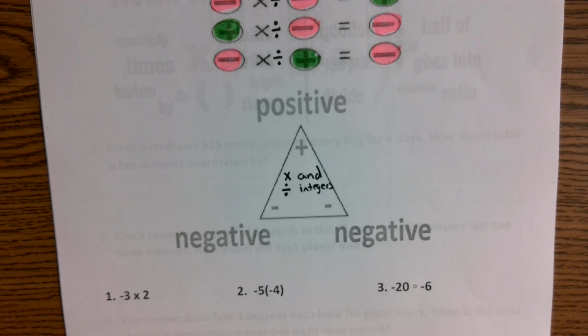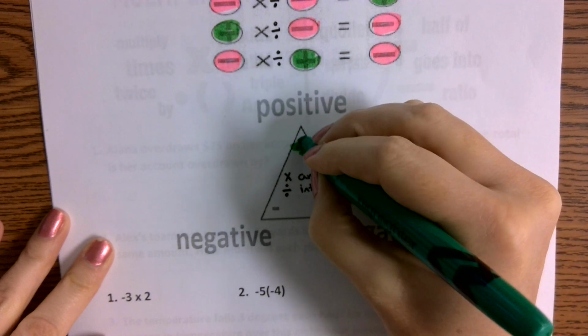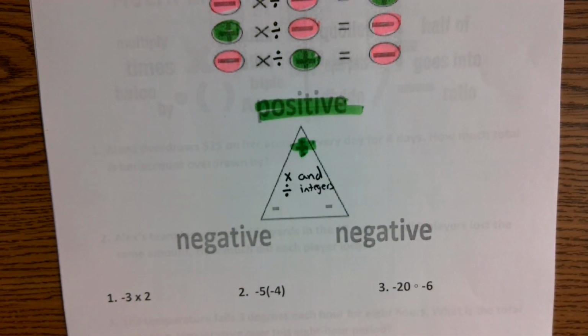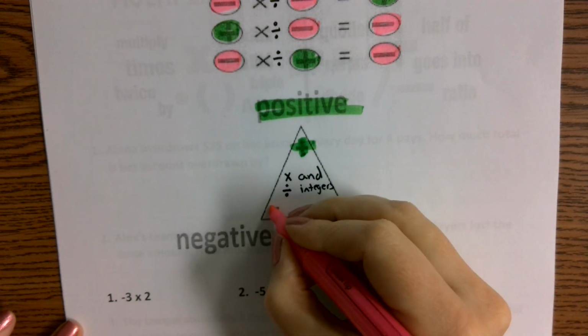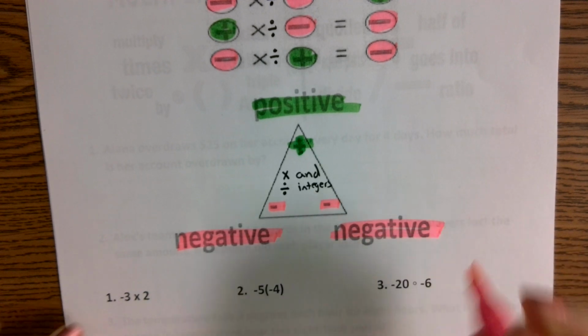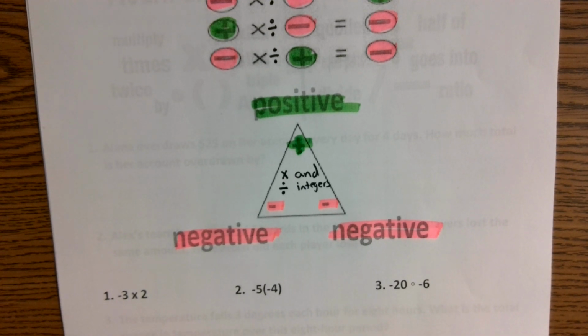That if you've got a positive triangle, so we've got a little positive part at the top of our triangle. Down here at the bottom, we've got negative and negative. And how this works is that when you know what you're multiplying, you cover it. Or if you know what you're dividing, you cover it. And whatever's still showing is what the answer is.